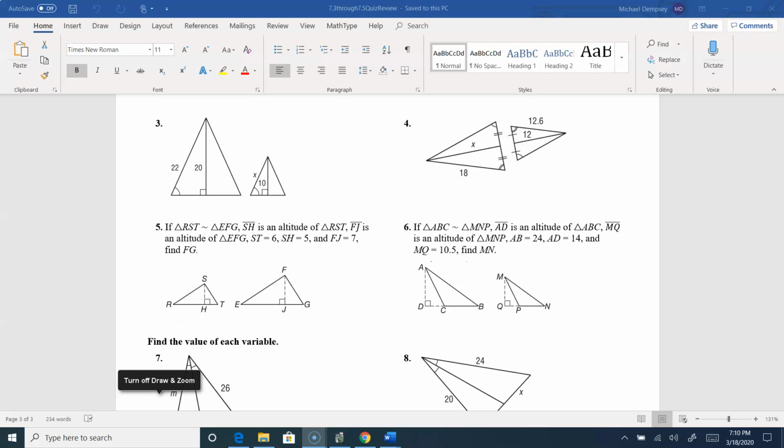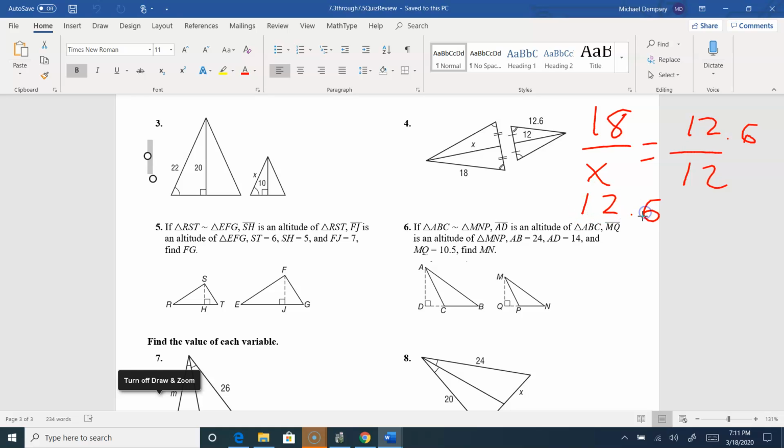And the last one with these proportional parts, again, in the first one, let's look at 18, the side, x, the median. Set that equal to 12.6, the side. So we have 18, the side, over x, the altitude, equals 12.6, the side, over 12, the altitude. And then I'll go ahead and cross multiply that. So we have 12.6 times x is 12.6x.